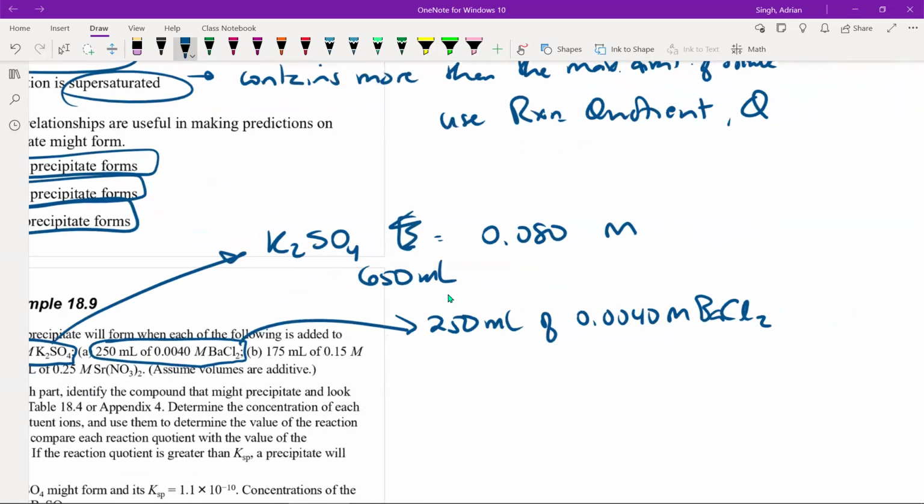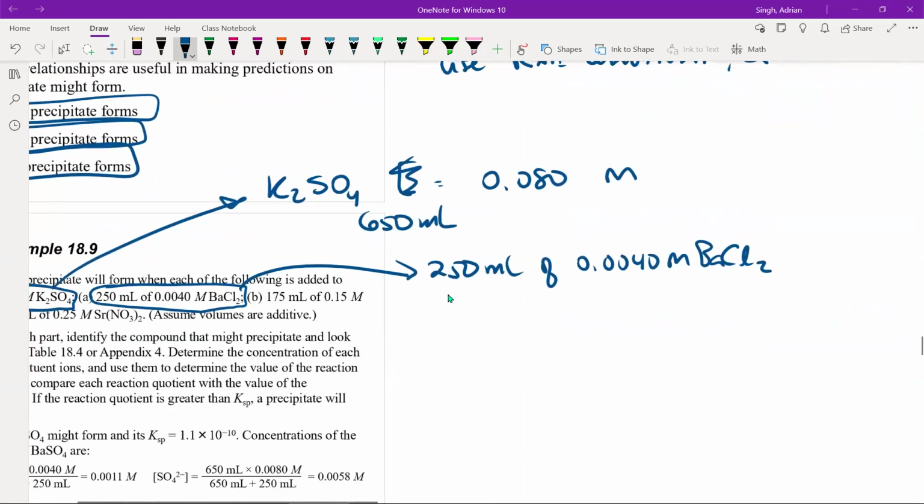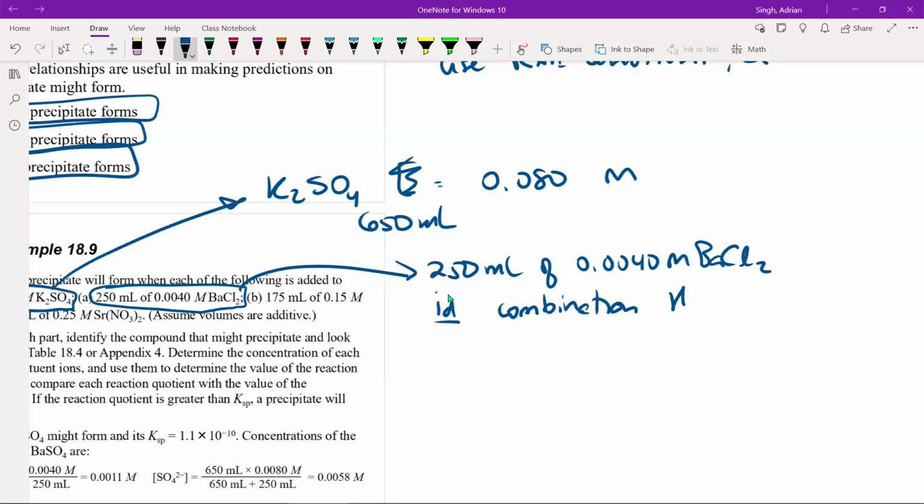So for each of these combinations, we want to identify the combination that could precipitate out, meaning that could form a solid. Right? Precipitate is just a solid. And then we're going to look up the KSP value from our tables and then determine the concentration of each of the compound's constituent ions.